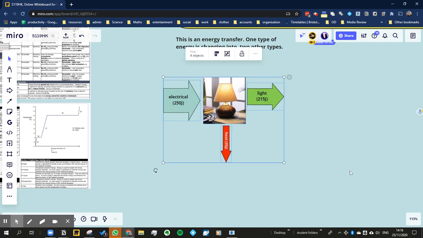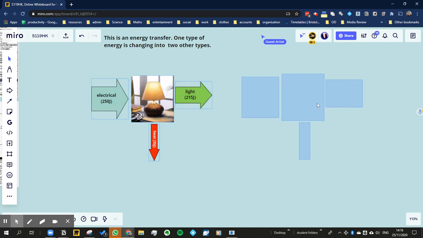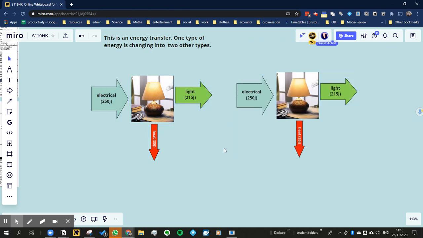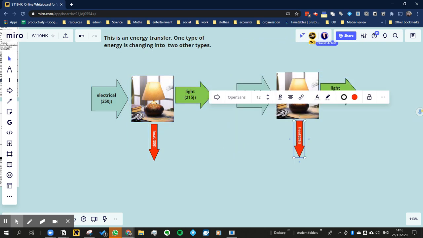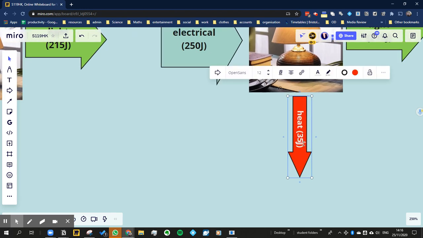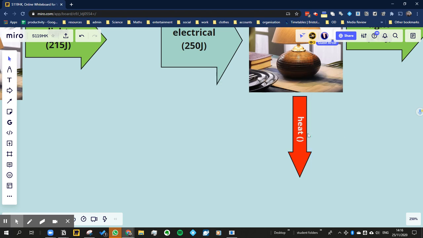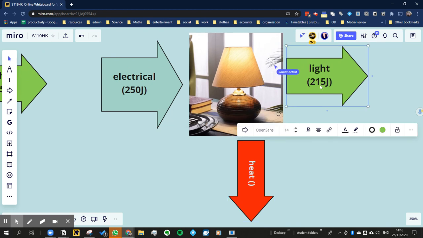Now, let's say we got another light, and we're still going to use the same 250 joules of energy, but this time we're going to get more heat, so it's not as good as the first light, which means we're going to have less light.